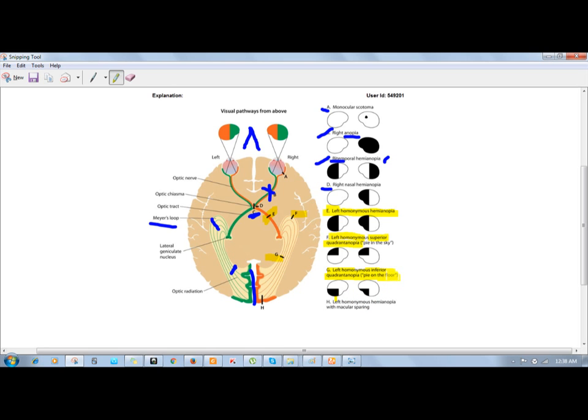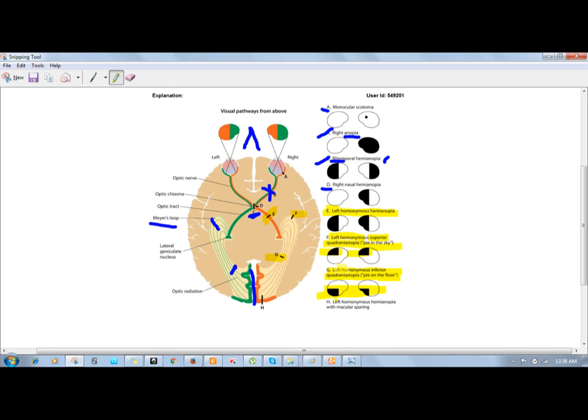Here you see the defect. This is the pie on the floor for damage to the dorsal optic radiation, and this is pie in the sky due to damage to the Meyer's loop.